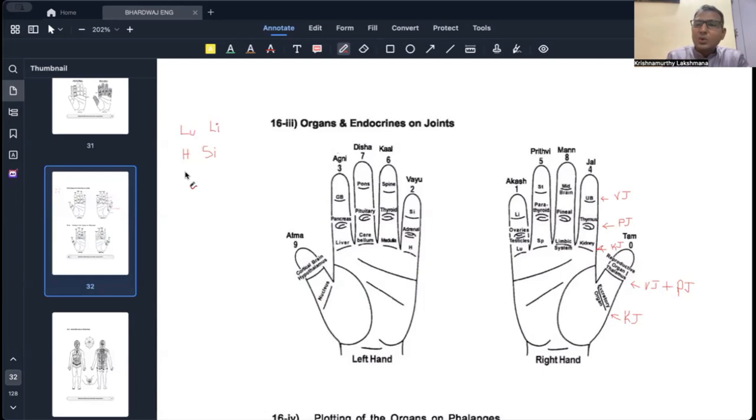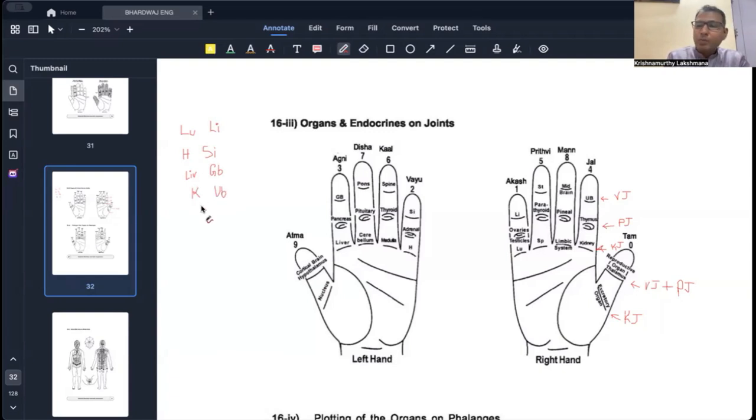Then the next one is liver and gallbladder, which are paired organs. Then kidney and urinary bladder are paired organs.